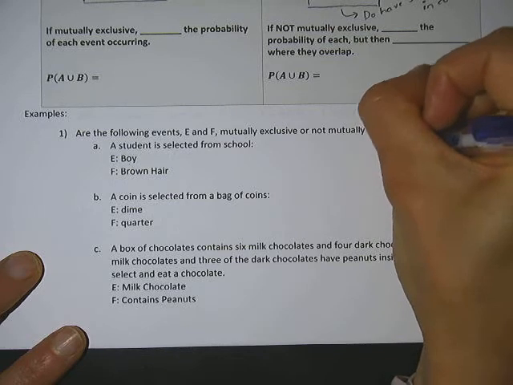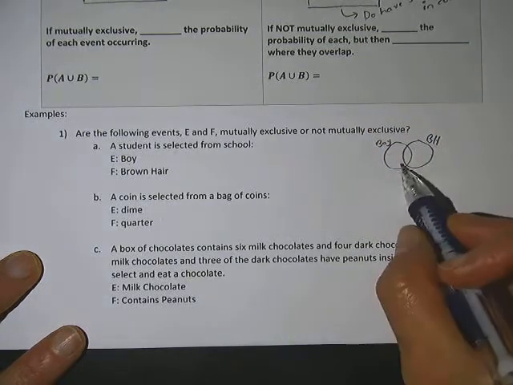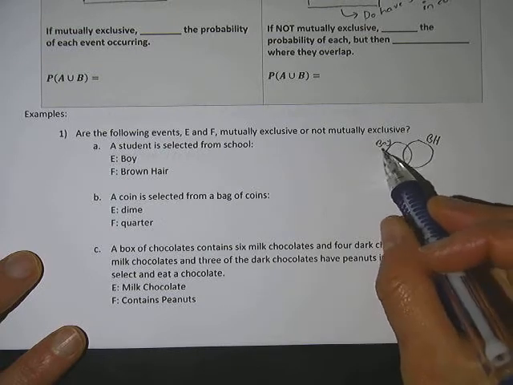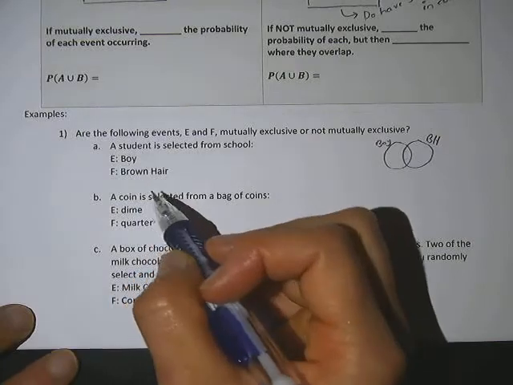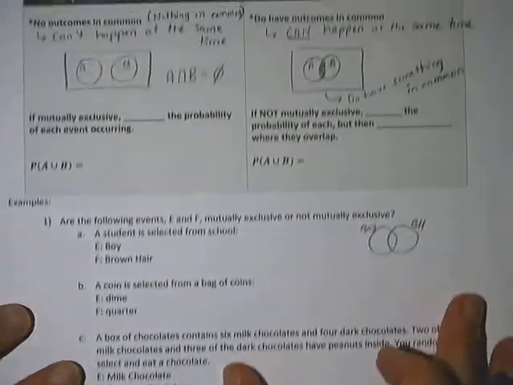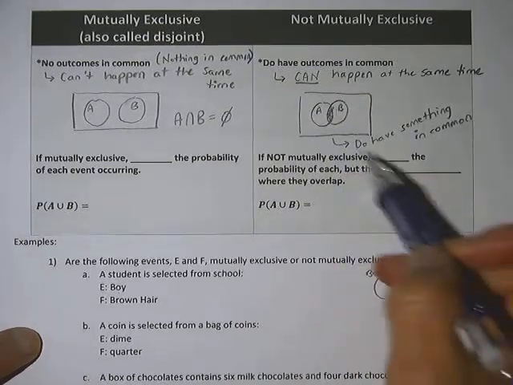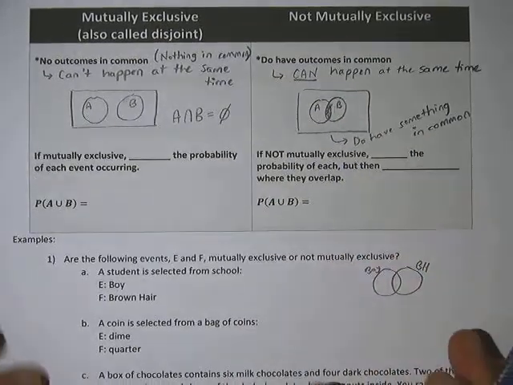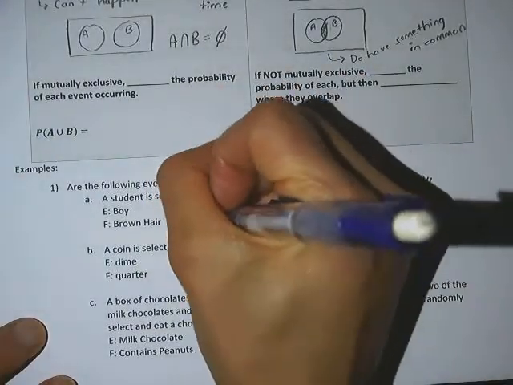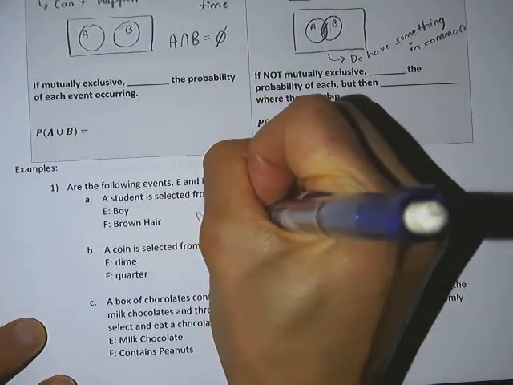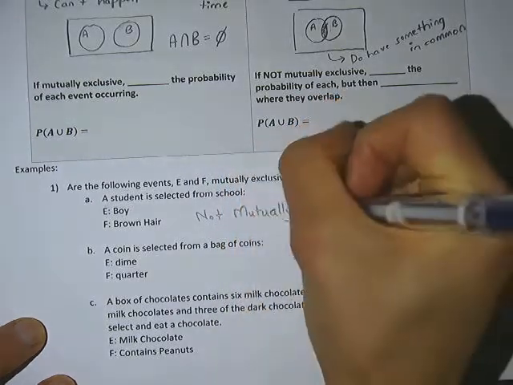So these are the boys. These are the people that have brown hair. Is there going to be some people that are both a boy and have brown hair? Well, yeah, there are boys that have brown hair. So because you do have some situations where they can happen at the same time, there are people that are in both of those categories, then you would say that these are not mutually exclusive. They are not excluding, I guess you can think, each other.